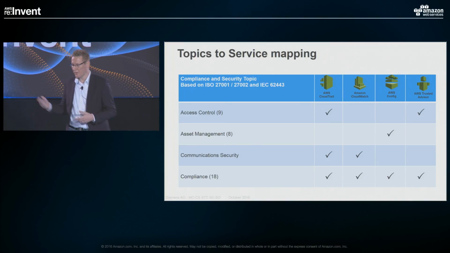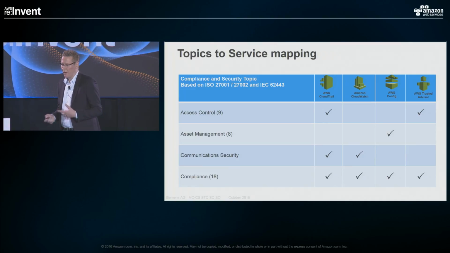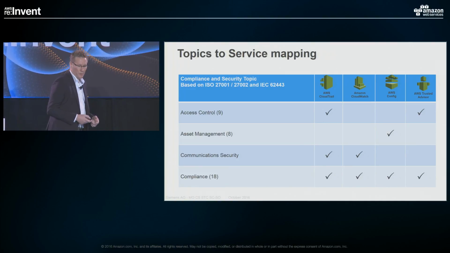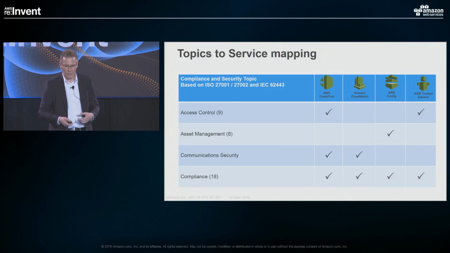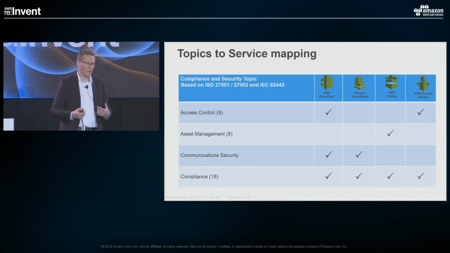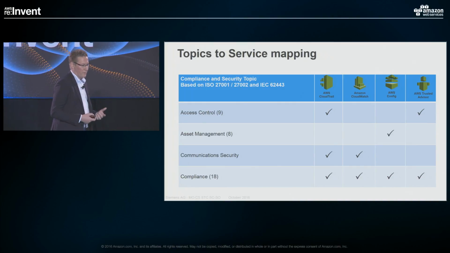Like Prashant showed before, we are trying to automate most of the things, and we are using access controls. We have the requirements to do password complexity checks, password oldness, and so on.